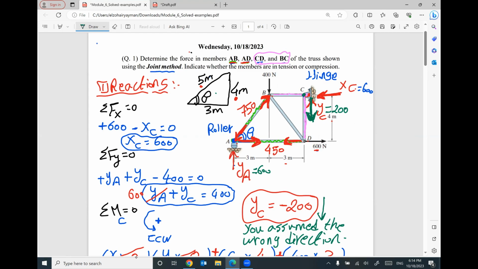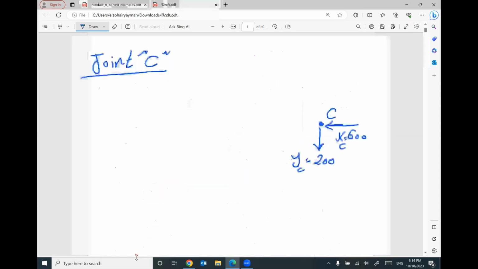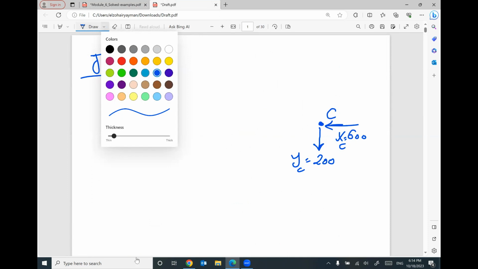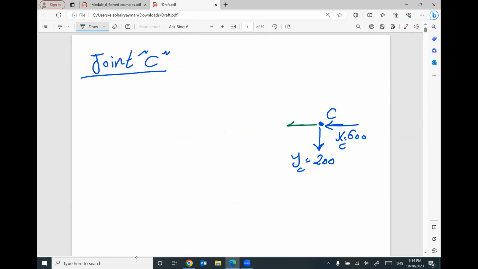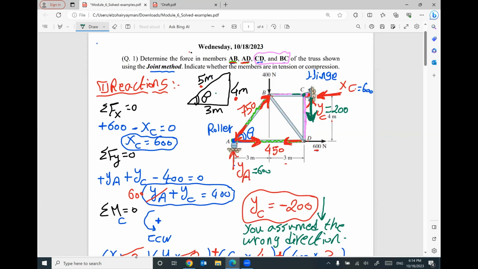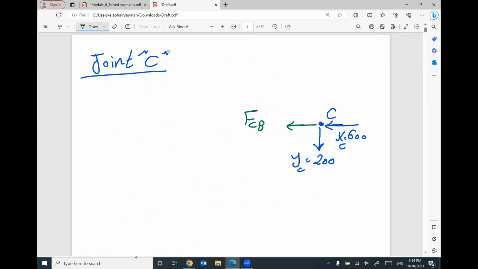What else? I have this horizontal member with a force FCB, and also this vertical member with a force CD. Does that make sense?